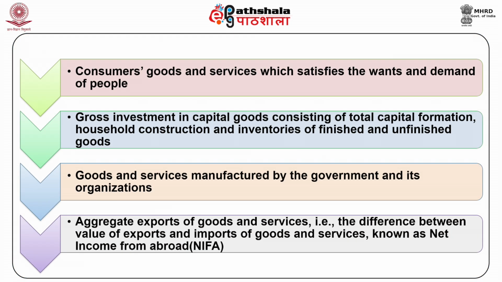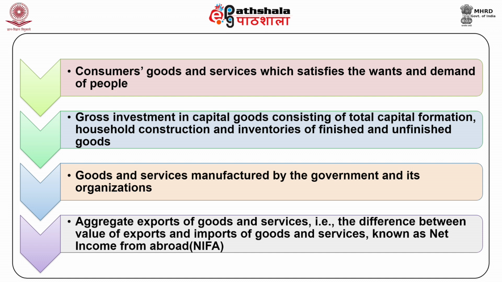F. Gross National Product, GNP. GNP is the total flow of goods and services at market values resulting from current year's production of a country. It also includes the net income from abroad. GNP includes the following final goods and services. First, consumers' goods and services which satisfy the wants and demands of people.